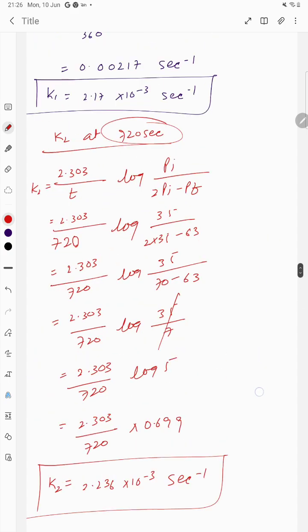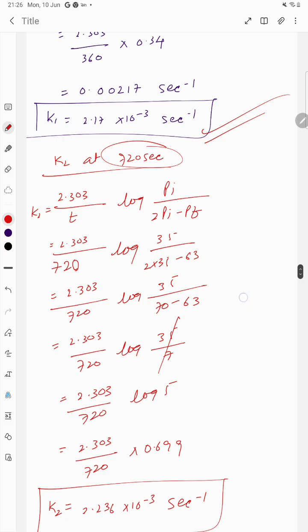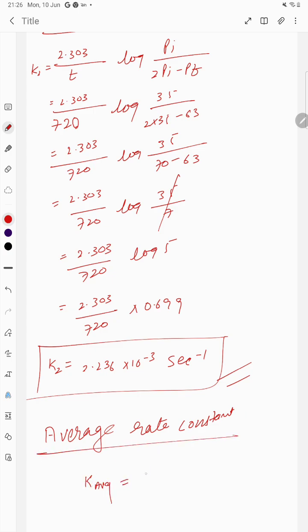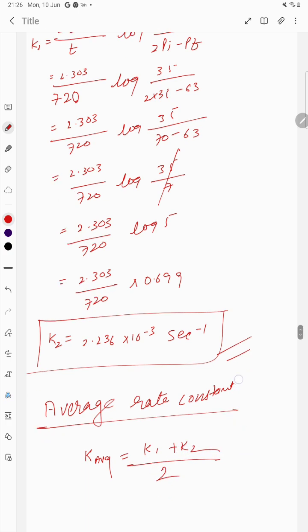You can use either this value or this value, or calculate the average rate constant if they ask. K average is equal to K1 plus K2 upon 2.